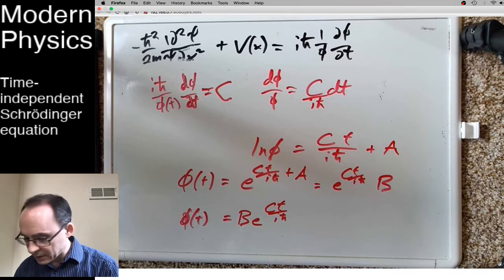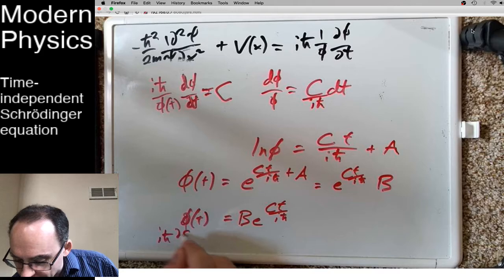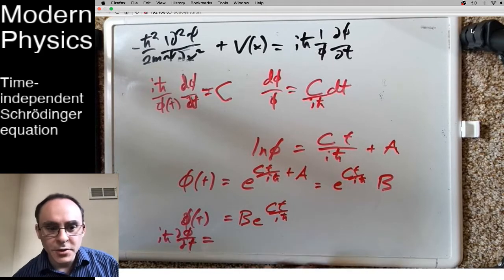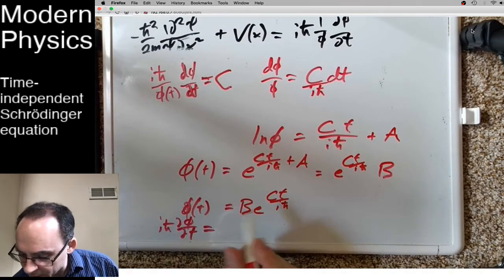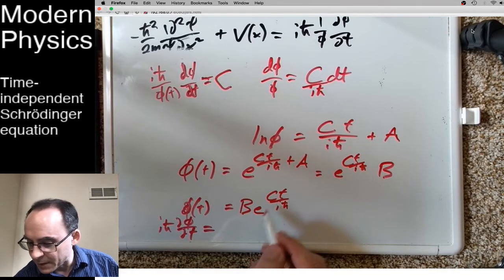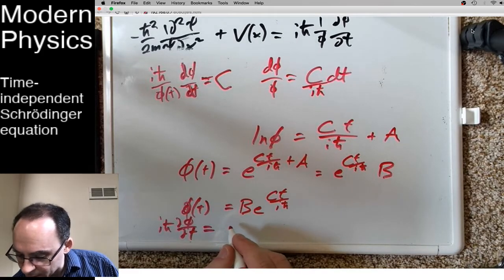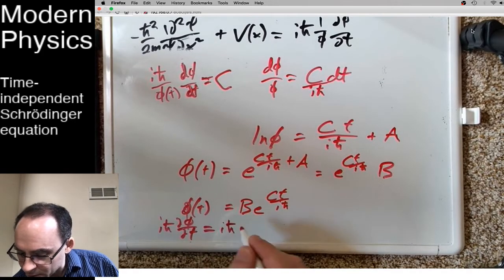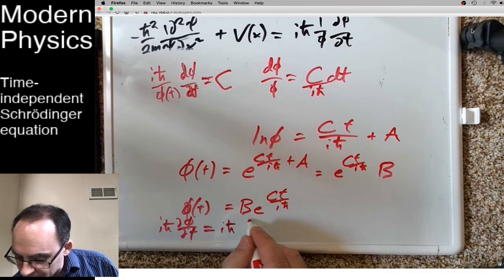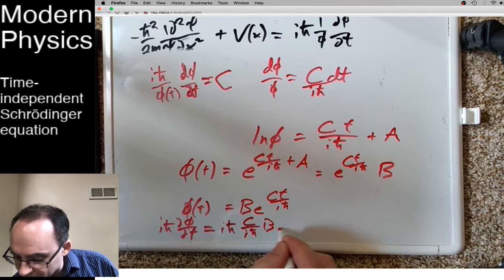Let's check that out. What is IH bar d phi dt? If we look at this function and take the derivative d phi dt, it's an exponential, so we just get the same thing back with the coefficient brought down. So we write the IH bar first, and then we get the c over IH bar, and then we get back the original function.